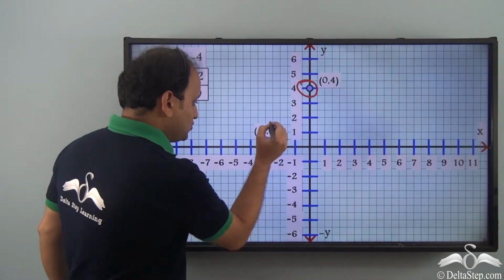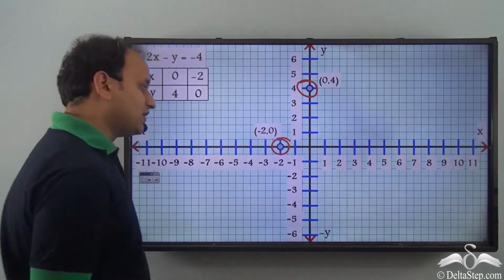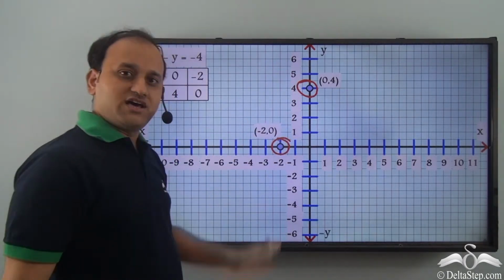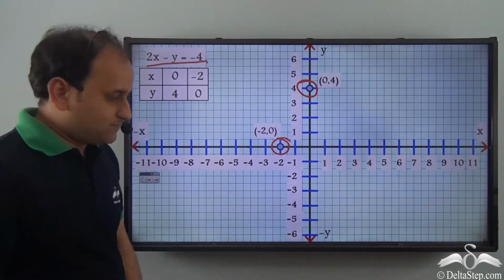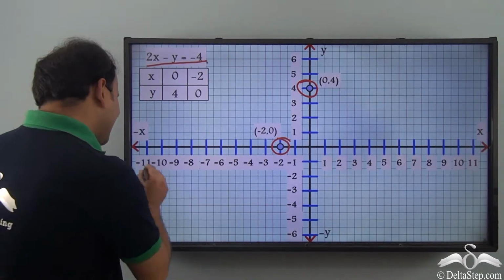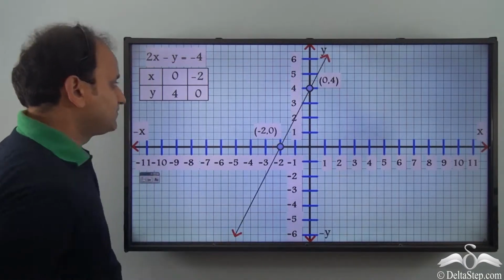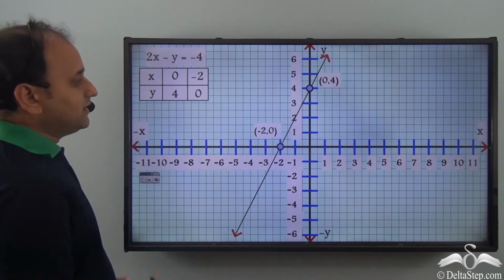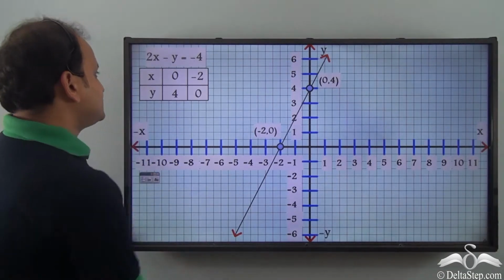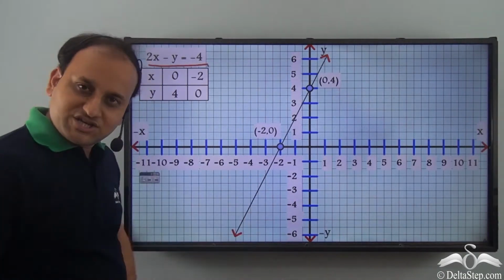It is minus 2 and 0. So we have this particular point, and these 2 points are enough to get the line for this equation. So we'll join these 2 points and extend them on both the sides. So this is what we'll get. Now here, as you can see, this line represents this particular equation.